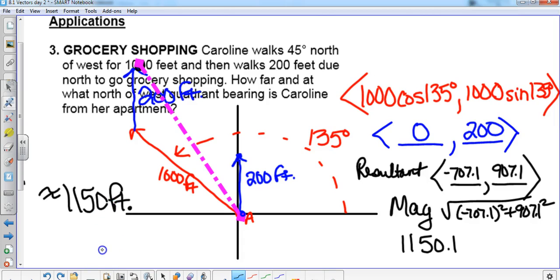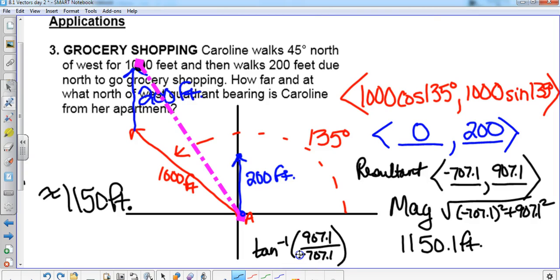Okay? And then it says, at what north of west quadrant bearing is Caroline from our apartment? All right, how did we do that before? When we had components, we did inverse tangent, or we can do law of sines. Yep, we can figure that out. Inverse tangent of 907.1 over negative 707.1. Can you try that?